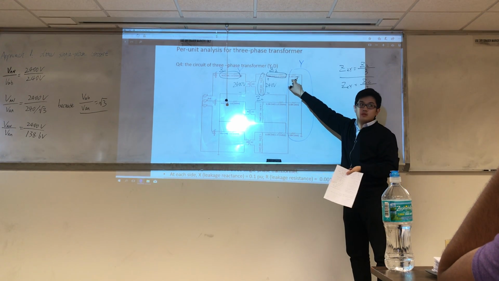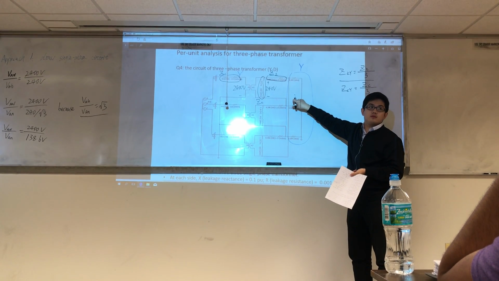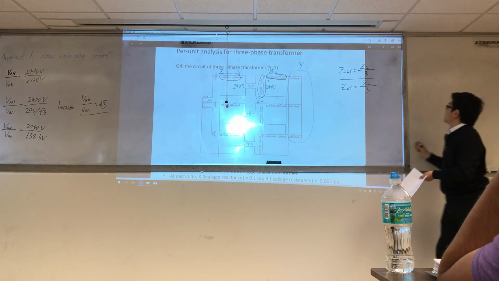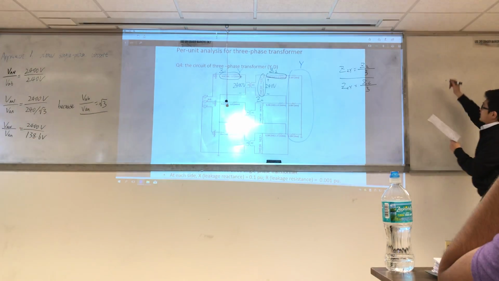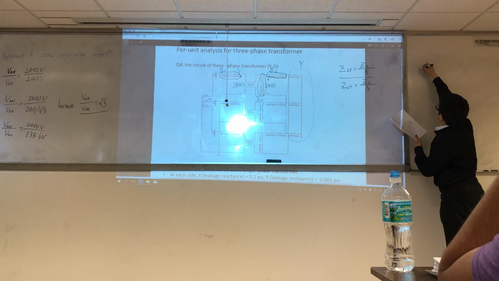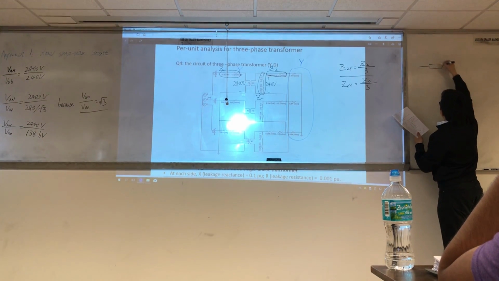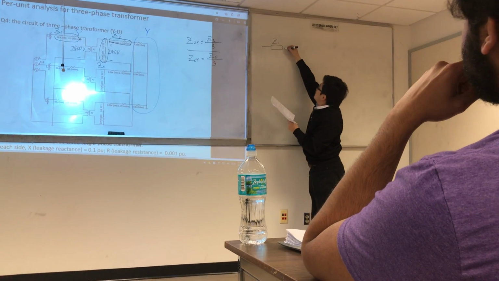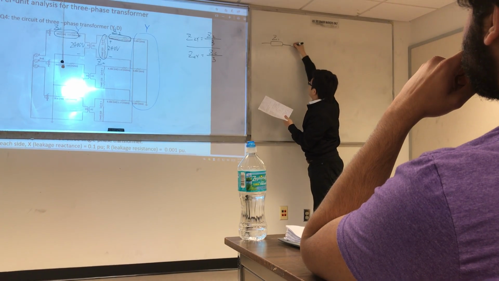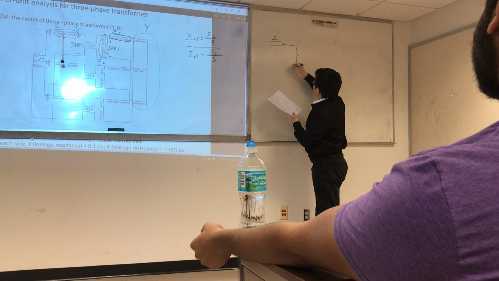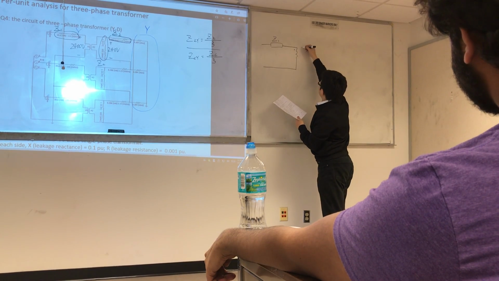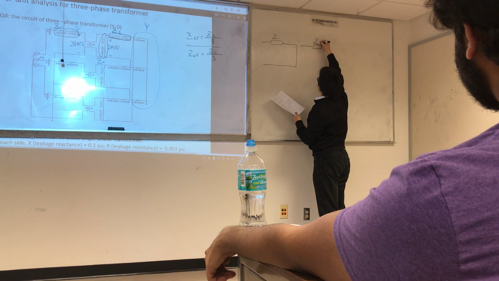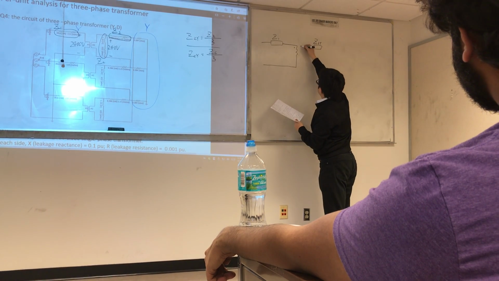For the load, we don't need to do any conversion, right? Because it's already in Y connection. Okay, so what's the single phase equivalent circuit? Z1 we don't need to do any conversion because it's already in Y. And here is the transformer. This side, the Z2Y.